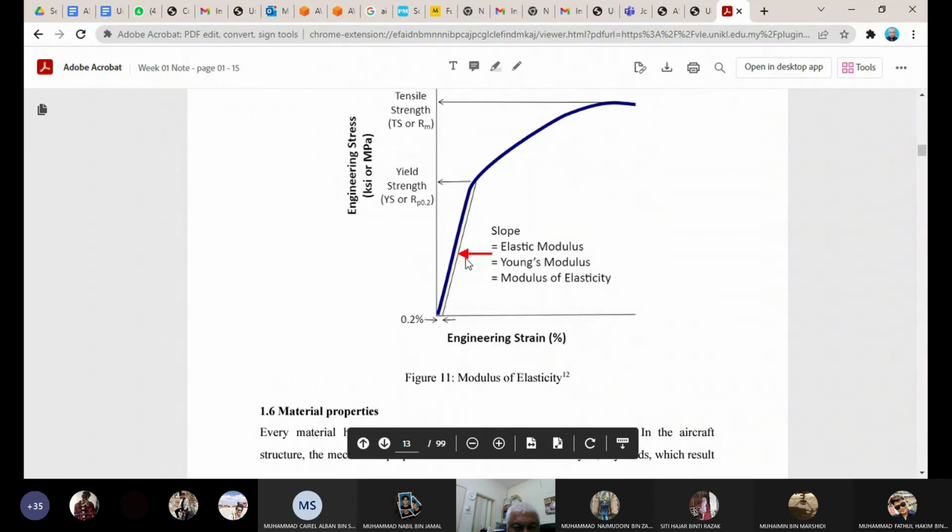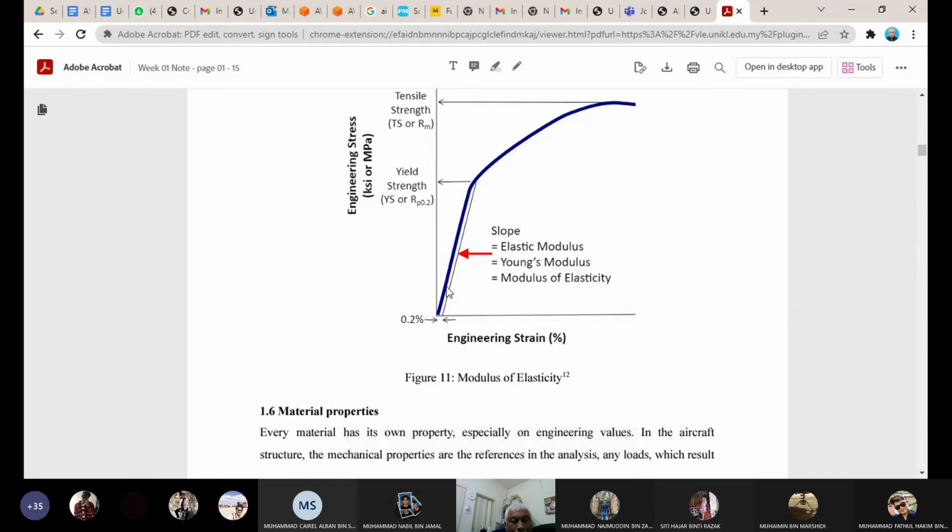And when you see higher E, higher modulus, the slope is steep, but the deformation is less. So we can apply a strong load, but the deformation is very minimal. In other words, we can say that material is very strong.